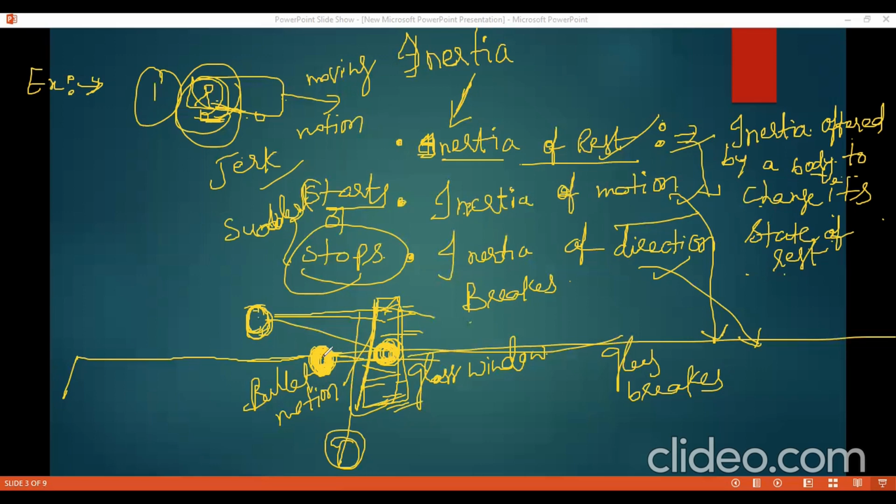The stone is at rest and has a large inertia, so the glass just breaks. It is not passing through the glass like a bullet. Got it? Very good. So this is about the example of inertia of motion and inertia of rest.